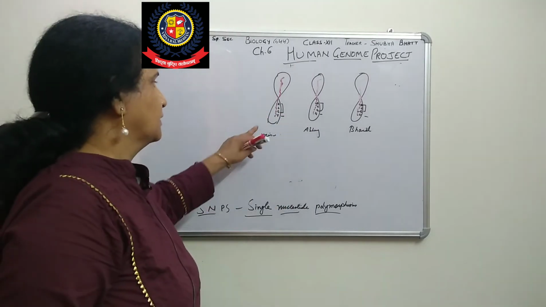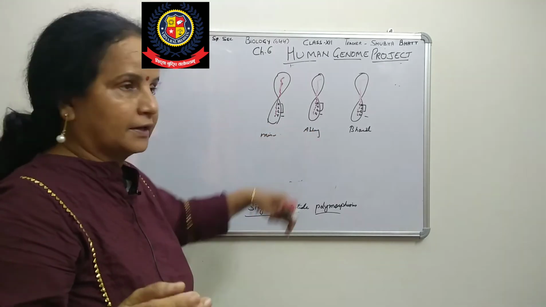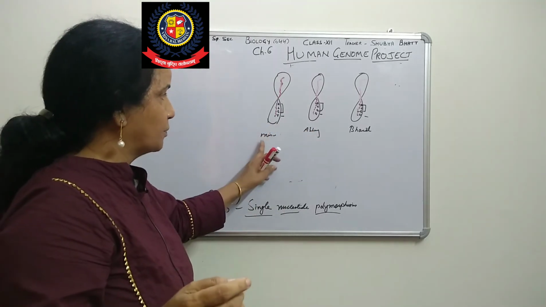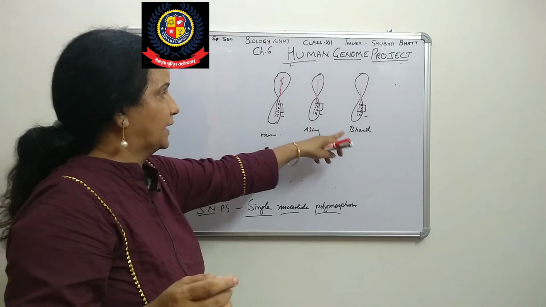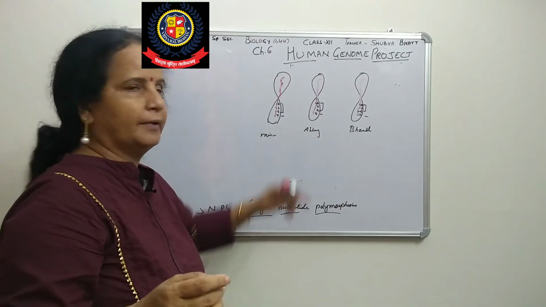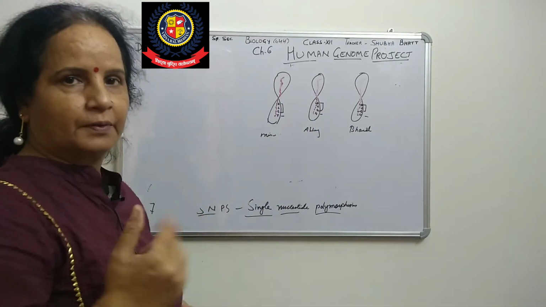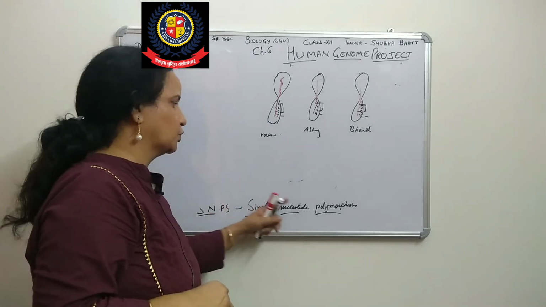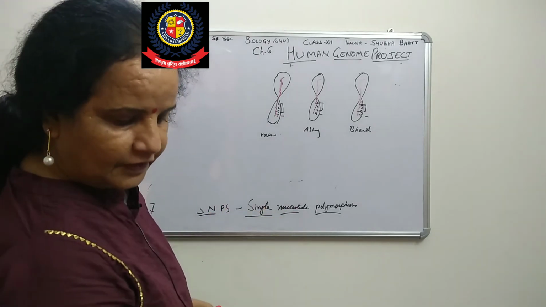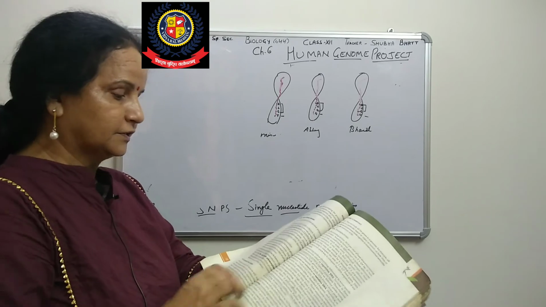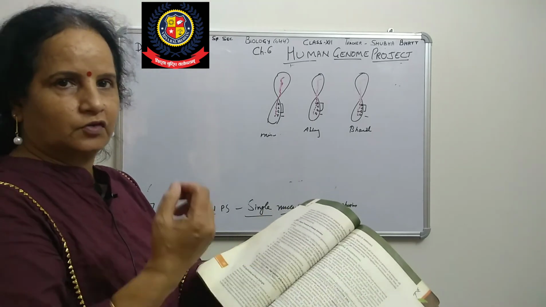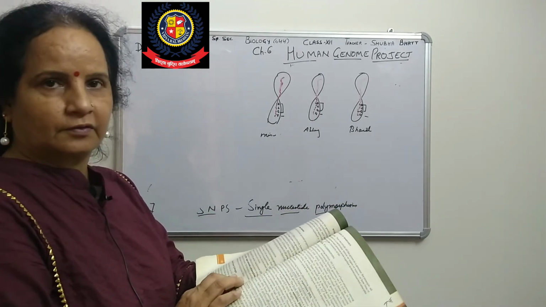Abhay is different from me and Bharat, and Bharat is different from me and Abhay. That is the 0.1%. So this is single nucleotide polymorphism. This year's question came from this very small portion, which nobody thought about, but it came.